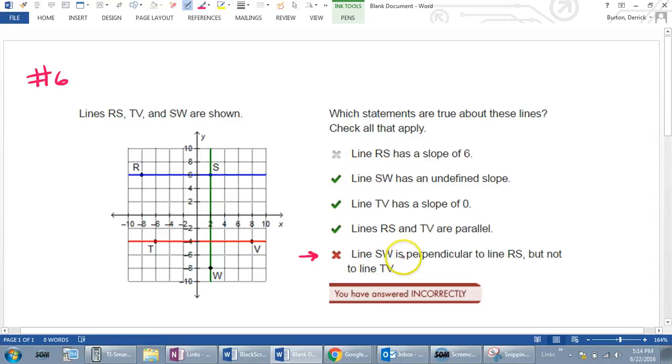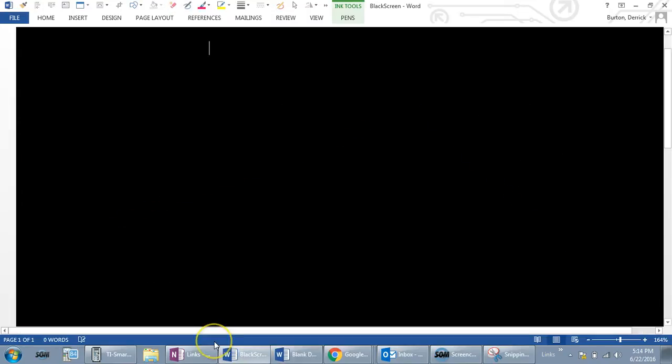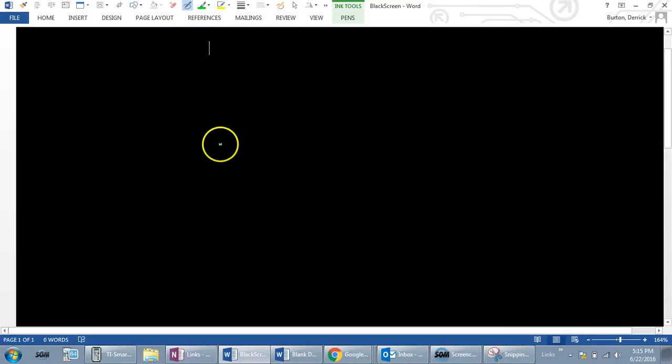Line SW is perpendicular to line RS, but not line TV. You know what? We never actually talked about what the word perpendicular means. We just started talking about slopes. So let me just make this super clear. Lines that are perpendicular meet at a 90-degree angle.